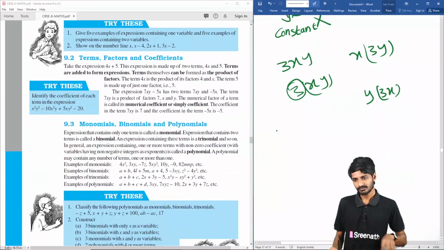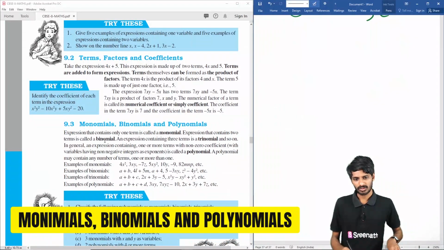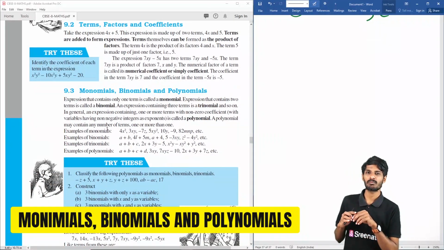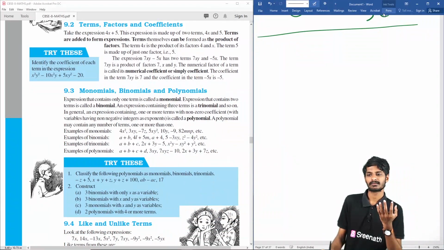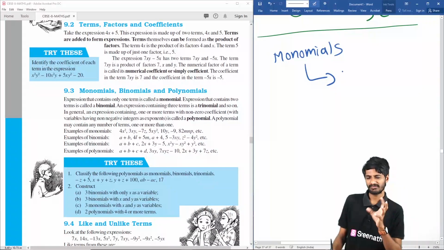Okay, so the next thing is about monomials, binomials and polynomials. So what is meant by monomials? Monomials are nothing but if there is an expression and in that expression there is only one single term, then it is called a monomial.